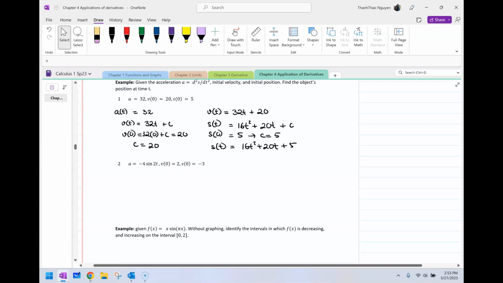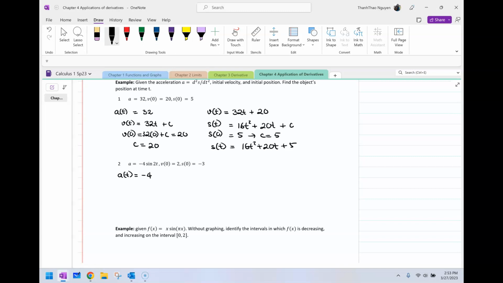Similarly, let's try our next problem. We are given a of t equals negative 4 sine 2t. Okay, so what do we need to take the derivative of to get negative 4 sine 2t? The derivative of sine is cosine. The derivative of cosine equals negative sine.